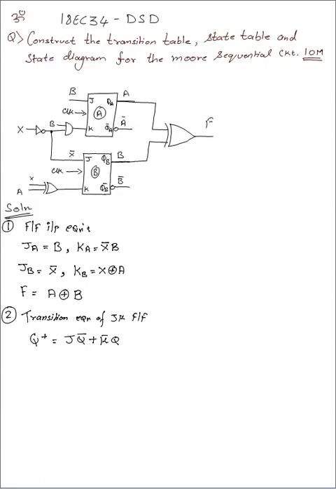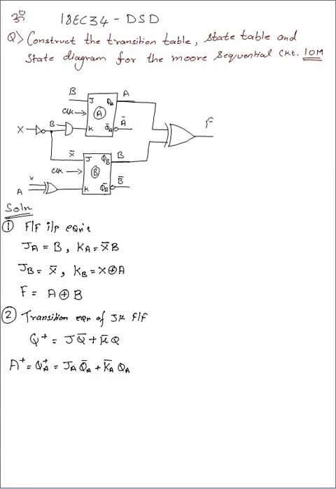So A plus is equal to QA plus, right? So you will have JA into QA complement plus KA complement into QA. I've just substituted the general equation into the flip-flop 1 equation.